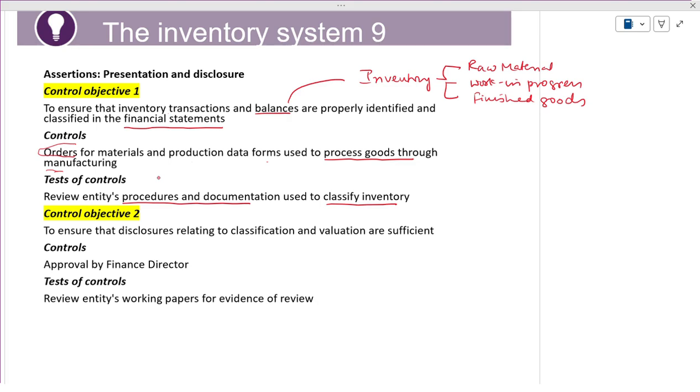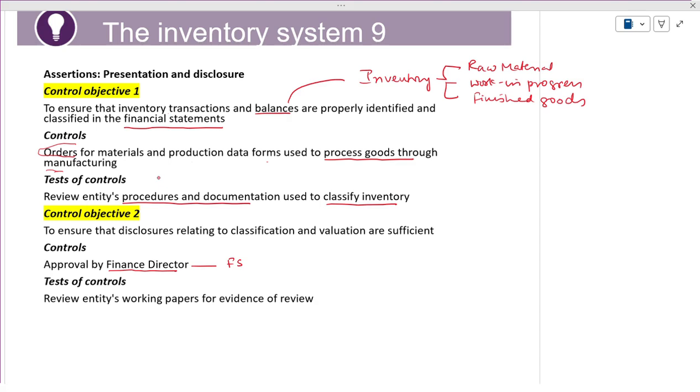When we are talking about inventory, very clearly it has to be approved by the director. It is a huge amount, and this amount is carried forward in the financial statements. A very responsible person should be there.